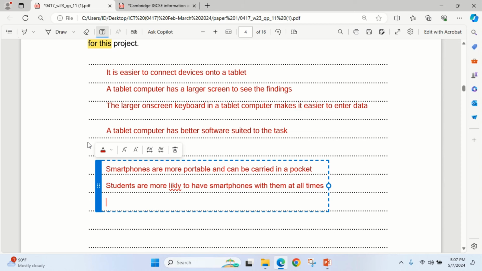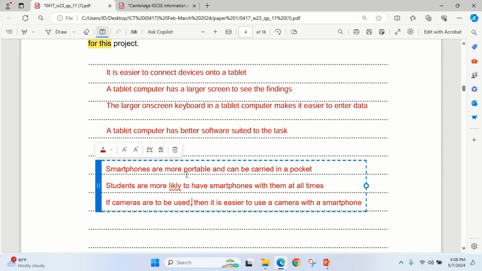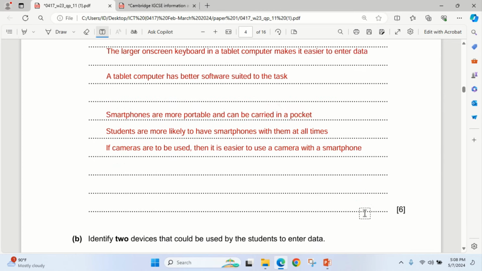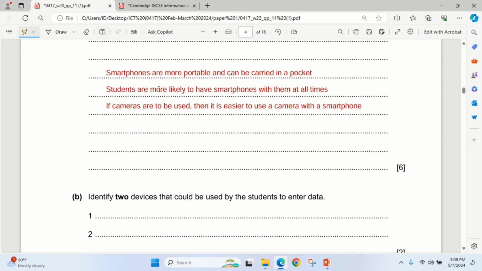Then another thing for smartphone is that if cameras are to be used, it is easier to use a camera with a smartphone compared to that of a tablet computer. So these are some of the points you can write to earn the full mark, 6 marks in this case.